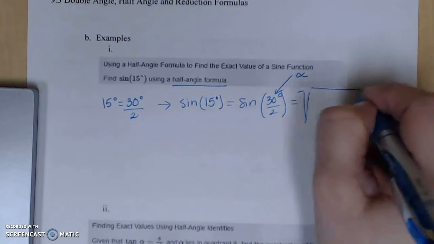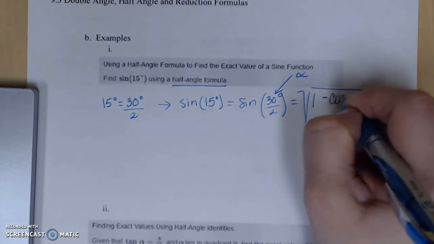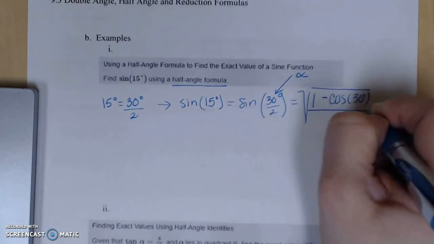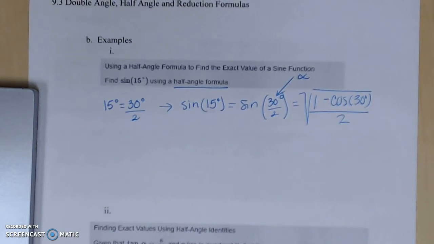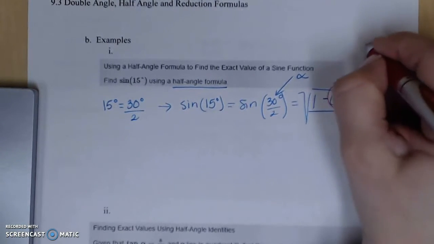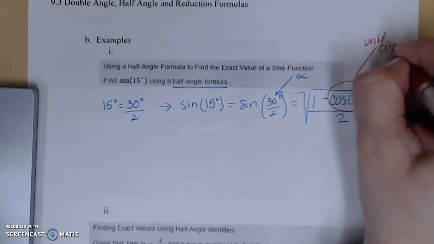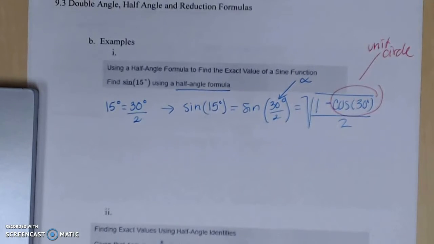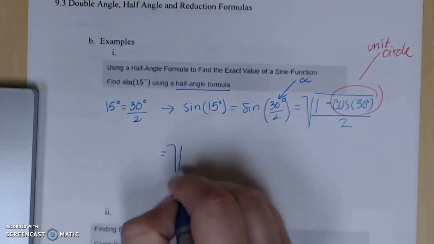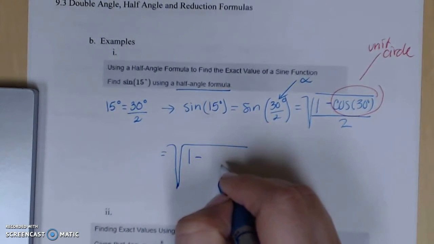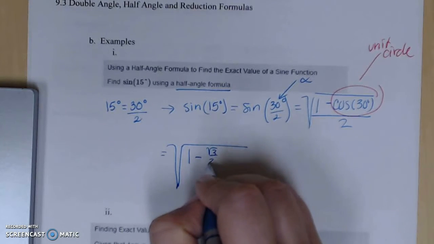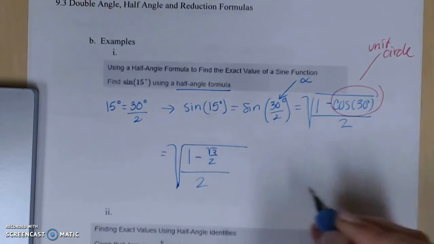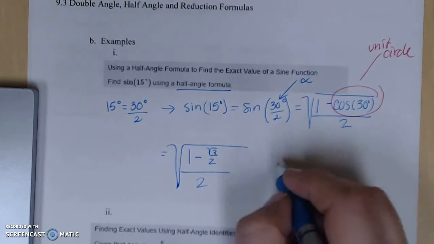So this would be equal to the square root of 1 minus cosine of 30 degrees over 2. Now we know what cosine of 30 degrees is. This value right here we could find using our unit circle. And so we say this is equal to the square root of 1 minus square root of 3 over 2, all over 2 from the formula.